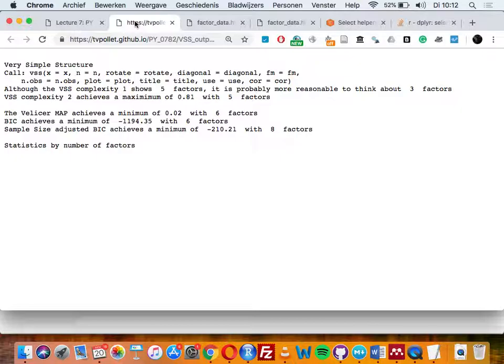In this case, it also gives you 5 factors, but it's more reasonable to think of 3 because we don't gain that much from adding more. The Velicer MAP is not graphically plotted, but that has 6 factors. And then you have some other measures like the BIC, which also says 6, and then there's a sample size adjusted BIC, which gives you 8. So depending on which criterion, this is the garden of forking paths, depending on what you pre-specified.